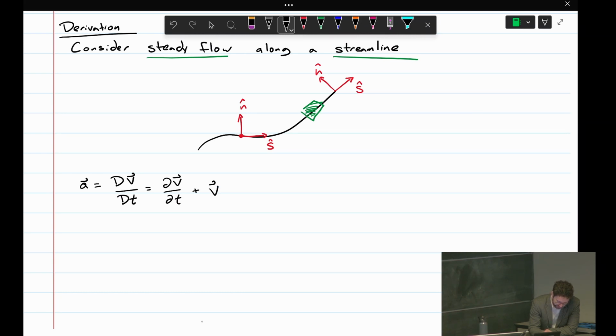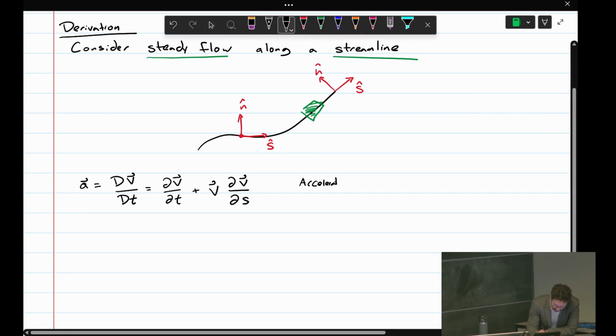The second term is v partial v by partial s. So this is the acceleration along a streamline.